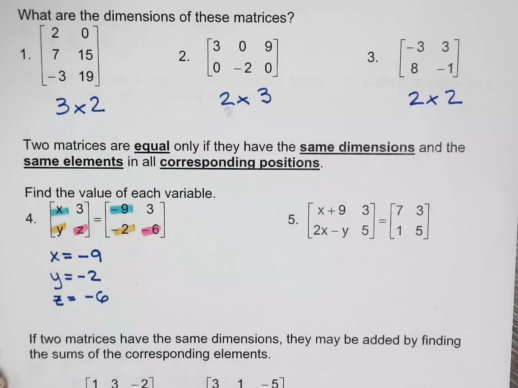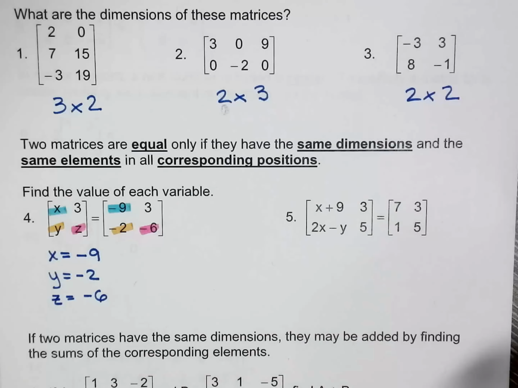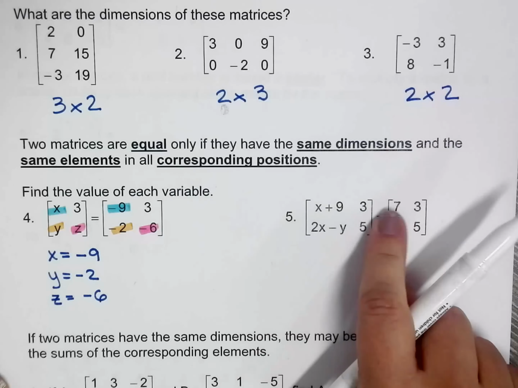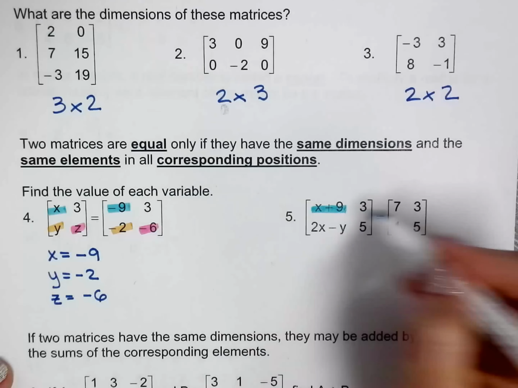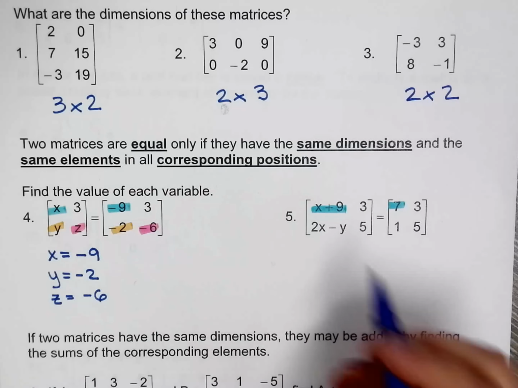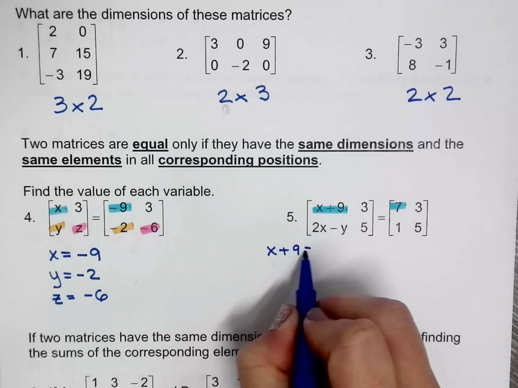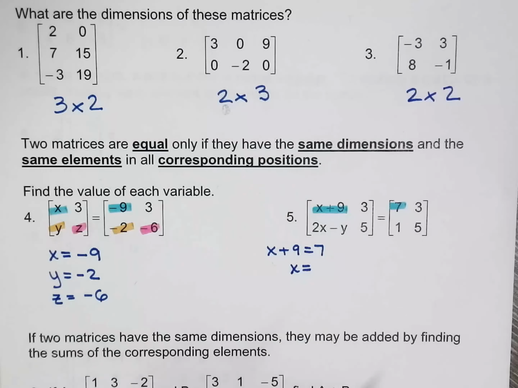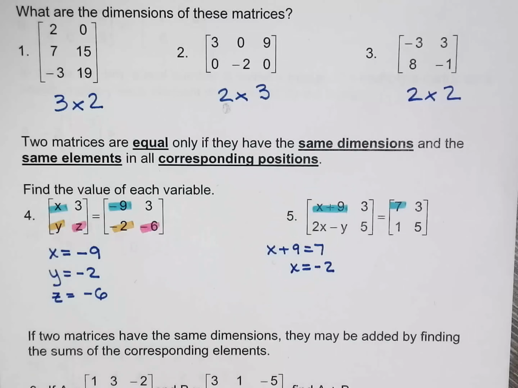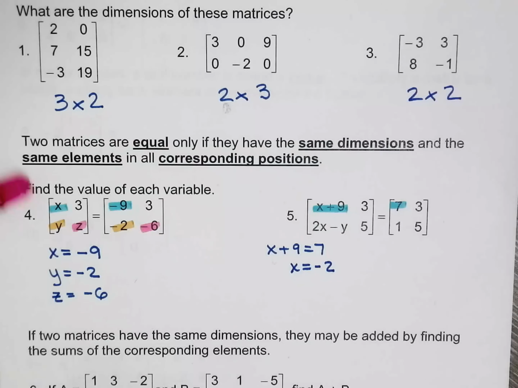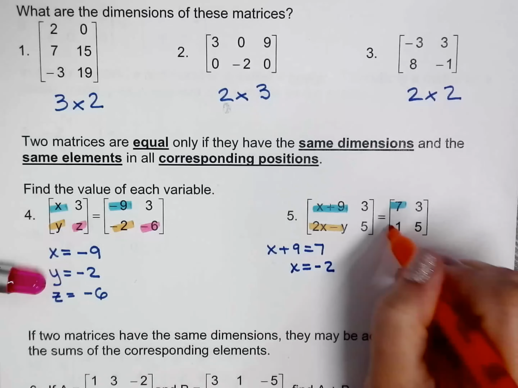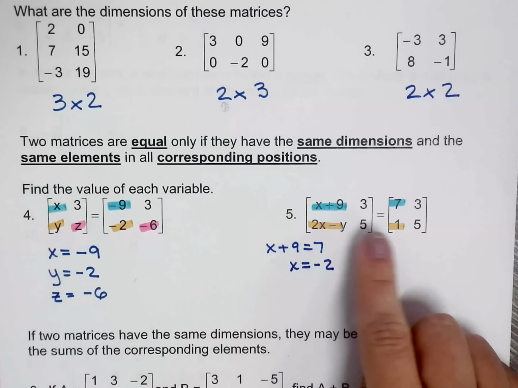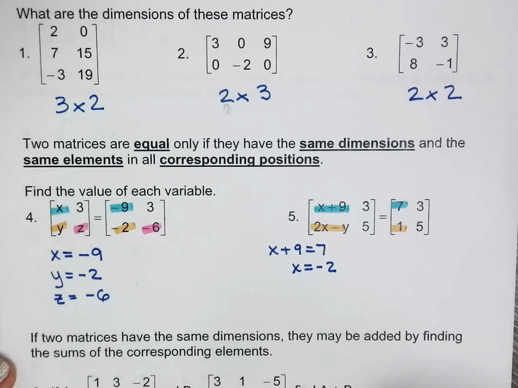Okay, we're going to get a little crazy right here. Not too much though, because we already know that their positions will mean that they're equal. So x plus 9 equals 7. Minus 9 on both sides, that means x is -2. 3 equals 3. Now the next one: this equals that because they're in the same position.